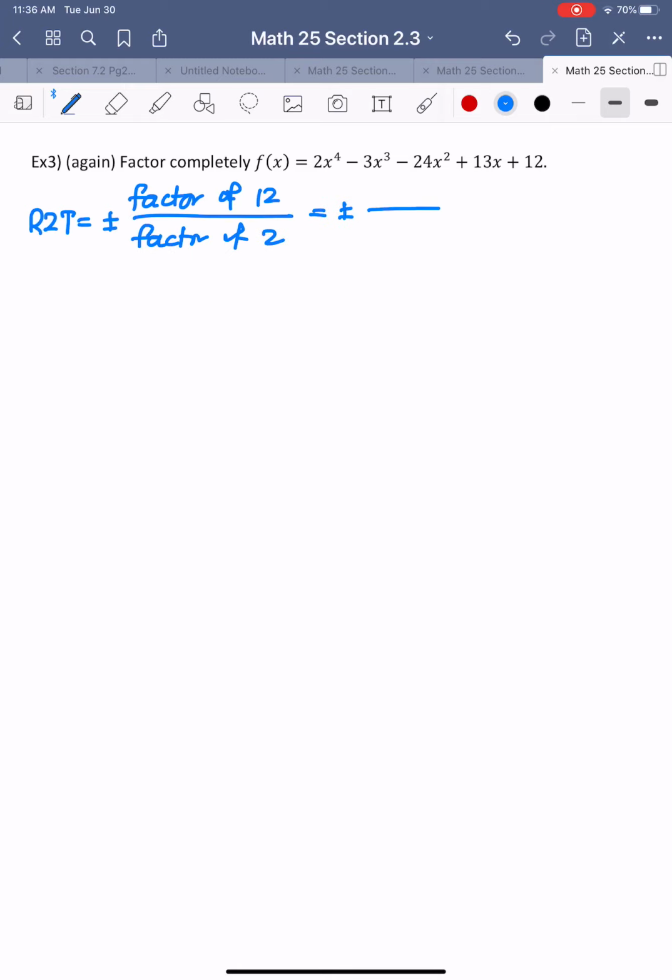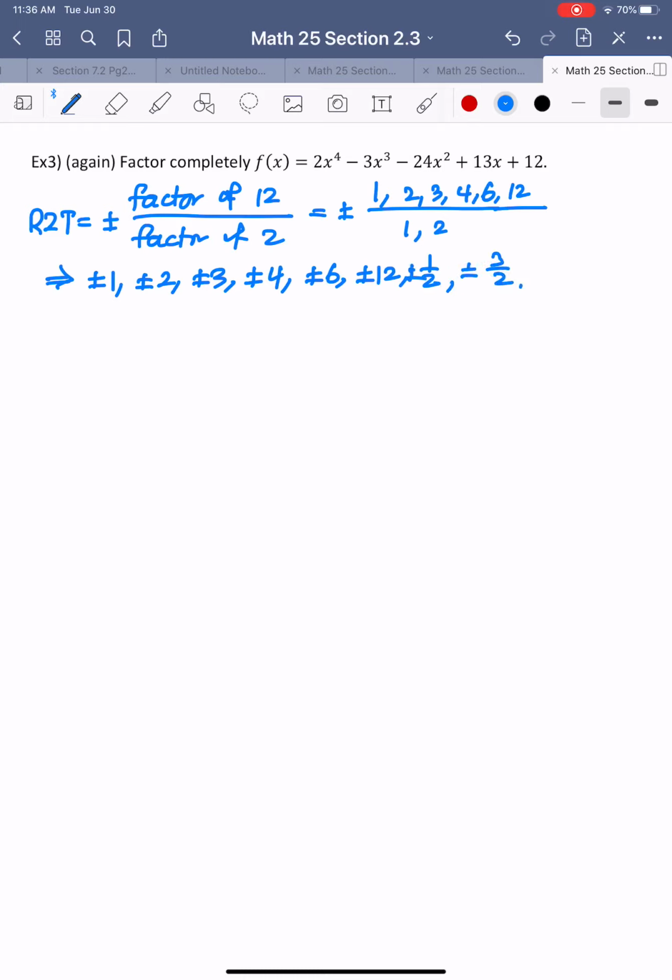So we got factors of 12 as 1, 2, 3, 4, 6, and 12. That's a lot. And then for 2, it is 1 and 2. So if you put it out, it's going to be plus minus 1, plus minus 2, 3, 4, 6, and 12. Also 1 over 2, and then 3 over 2. Okay. Alright, so try this.